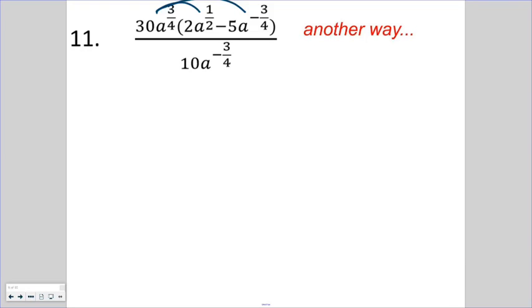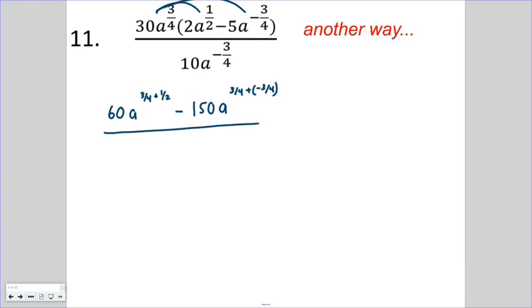So when I distribute that 30a to the 3/4 into everything inside the parentheses, we're going to get 60a to the 3/4 plus 1/2 minus 150a to the 3/4 plus negative 3/4. And this is all still over that 10a to the negative 3/4.